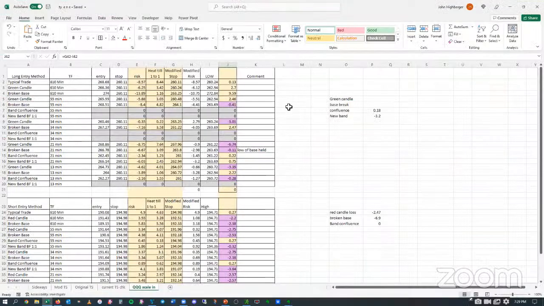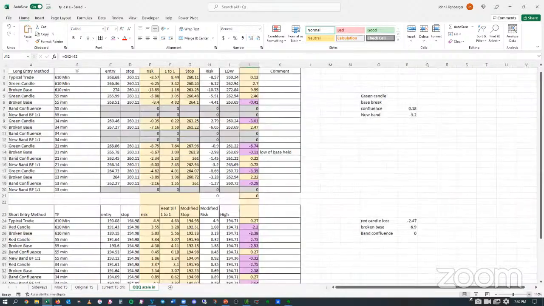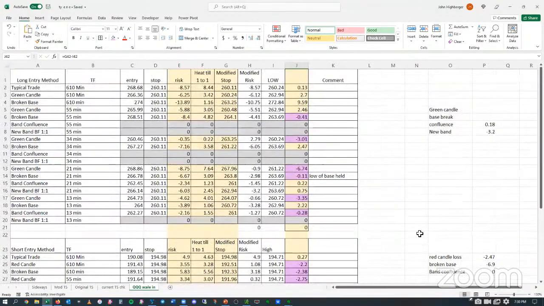And so kind of what I did here, let me make this a little bigger for you, so you guys can see it good. So anything that's pink would result in a stop out with the modified risk. So, the typical trade would be putting your stop at the distal or the distal plus some wiggle room, whatever your trade strategy is.